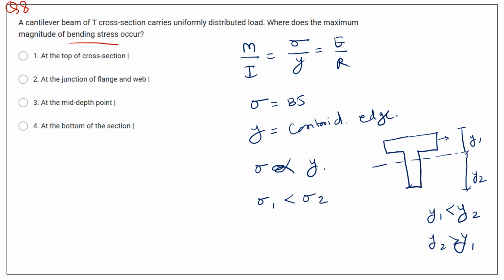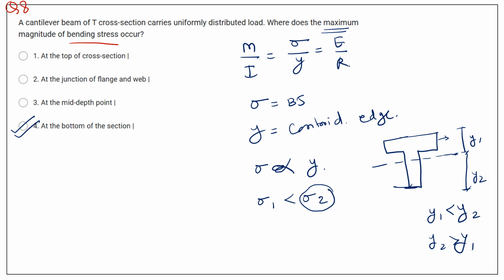They ask where the maximum magnitude of bending stress occurs. So maximum bending stress occurs at the bottom, at the sigma 2 distance, from the central axis to the bottom edge. So here the last option is correct.